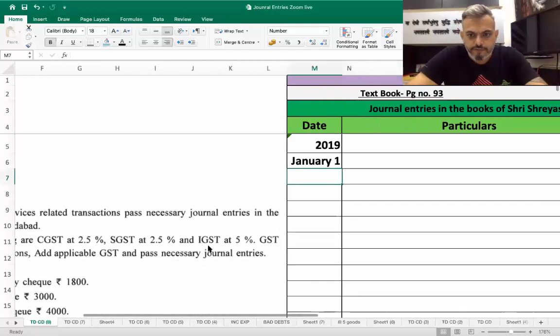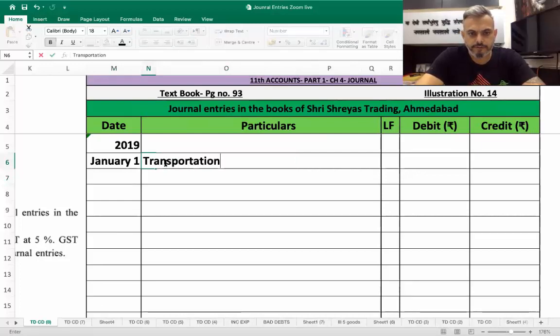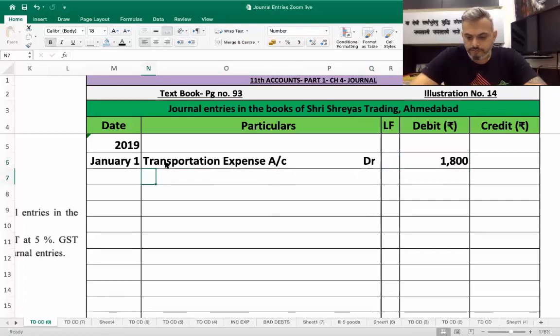So transportation expense account debit. Now no information is given, so it is within the state only.